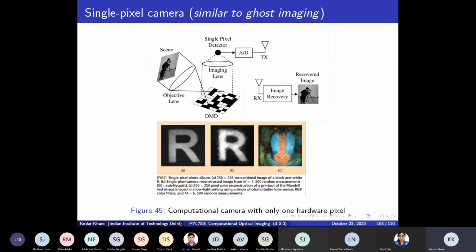This much reduction is possible because this letter R is highly sparse, for example, in the gradient domain. Otherwise, for a more complex object like this cameraman, this much reduction may not be possible.